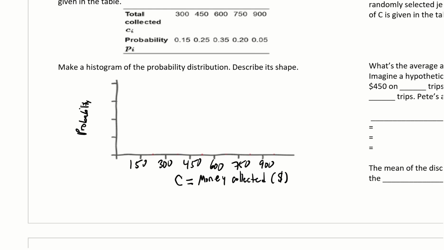All right, and all you've got to do, for 0.15, we have 300. And they're over individual values, okay? So let's scale this. So 0.1, 0.2, 0.3, 0.4. So 0.15 will be around here. You get 0.25 around here.